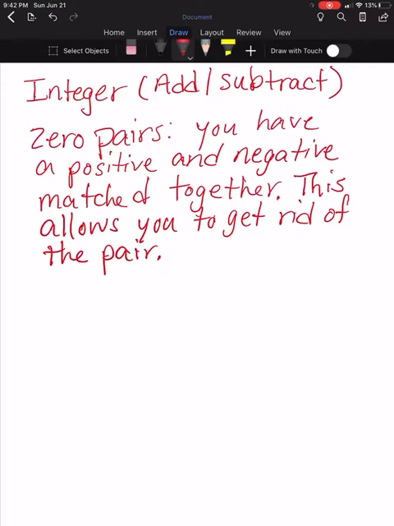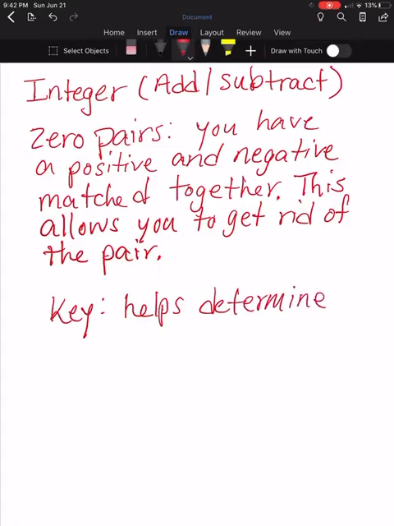And then sometimes you can't have a key, so you're going to say key helps determine what is positive or negative.